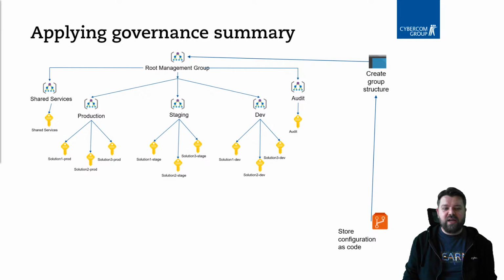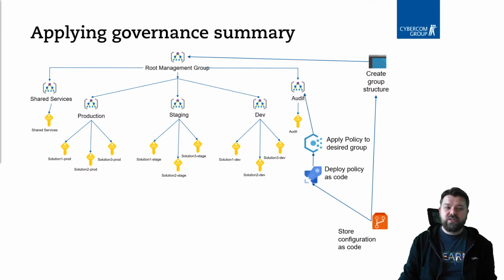But should that be automated? Probably not. What you can do is create an Azure CLI script of your group structure, which you can store in Git. And then from there on, using CLI, or even a pipeline if you wanted, that's fine. You can do that, and then you can change that.